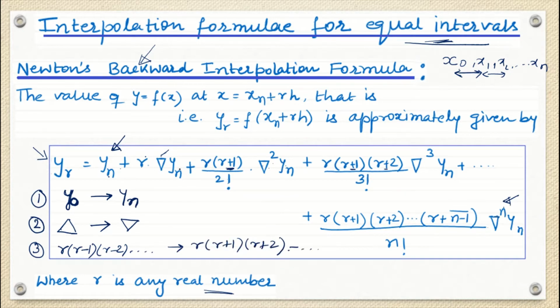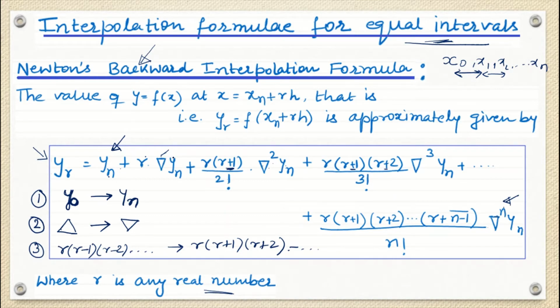If you have any doubt why we write r minus 1, r minus 2 in the forward interpolation formula or r plus 1, r plus 2 in the backward interpolation formula, we have discussed these things in detail in lecture number 2, so you can check there. If we make these three changes, we build the formula of Newton's backward interpolation. Now we will see it in the question, then it will be more clear.